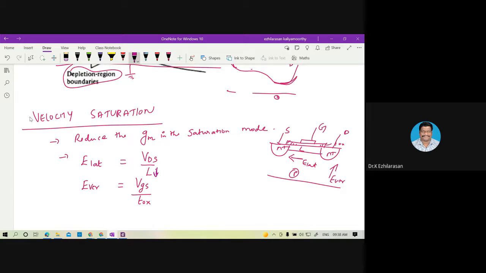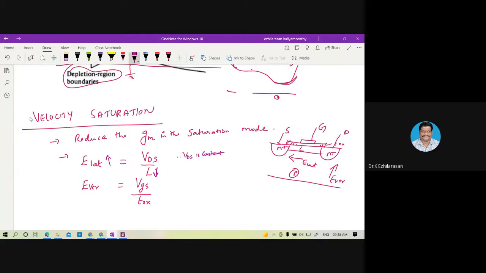If VDS is constant and L reduces, what will happen? The electric field will increase. As a simple relation, as the channel length reduces when VDS is constant, your electric field will increase.